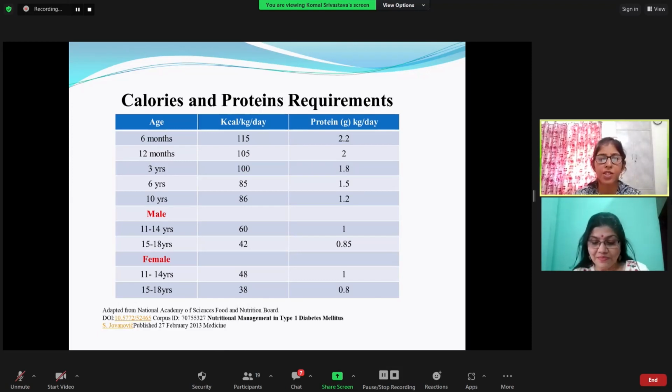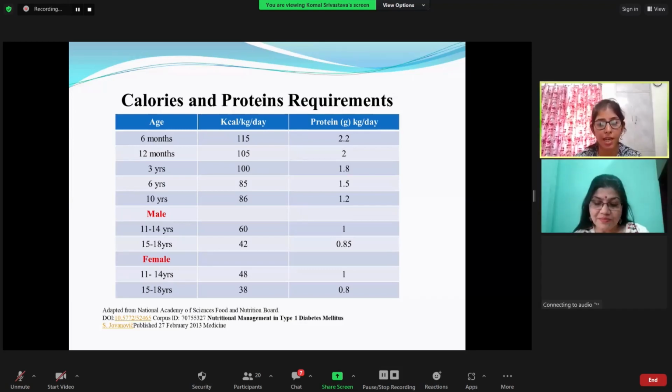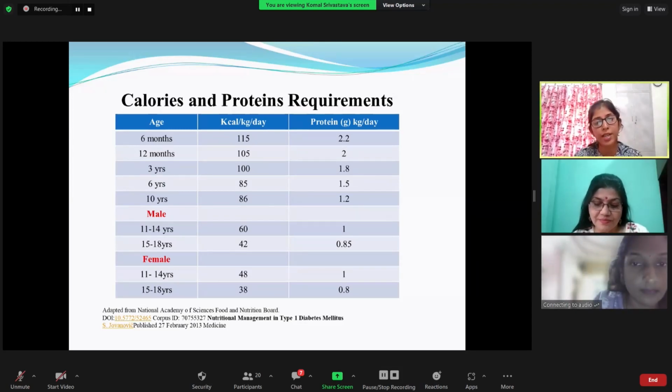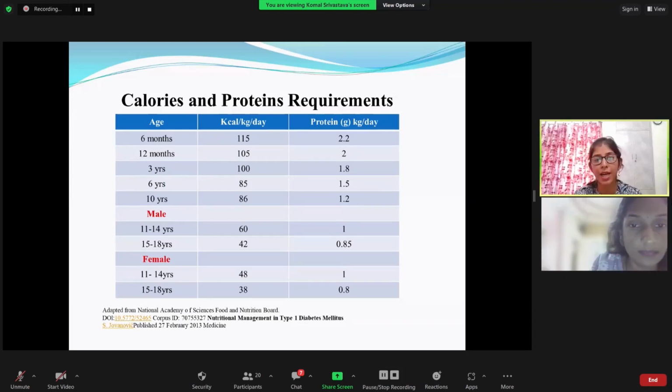Say, for example, the child is 6 years old and the weight of the child has to be roughly around, as per IAP guidelines, 20 kgs. So 85 into 20 kgs will give us the calories per kg per day for the diet of the child. Simultaneously, if we multiply the weight with the protein as per the guidelines, it will give us the protein requirement of that child for the day.